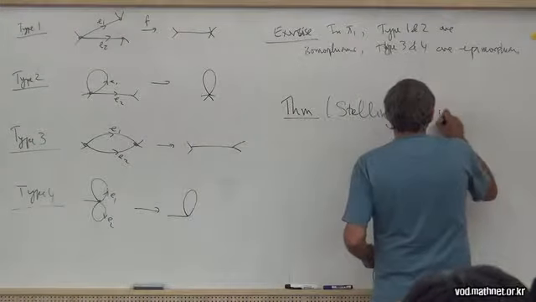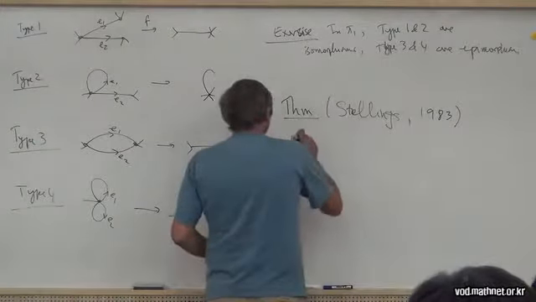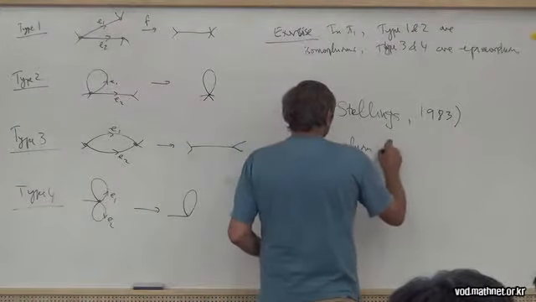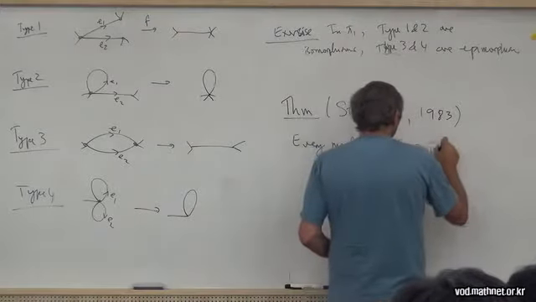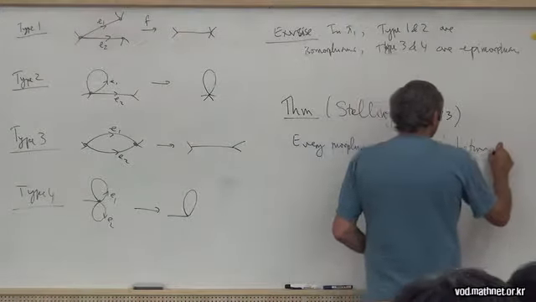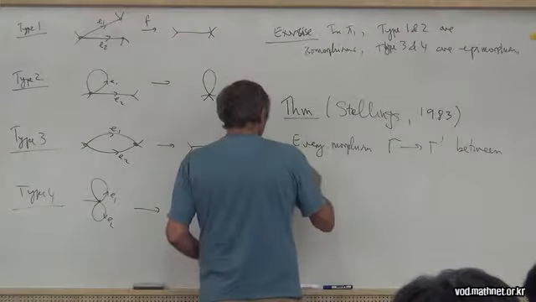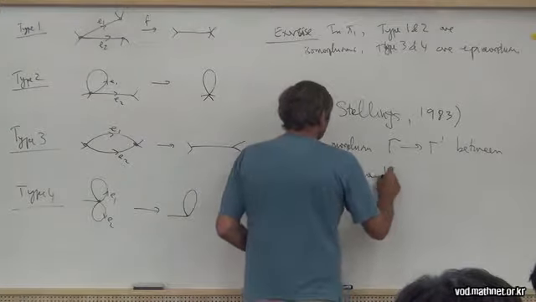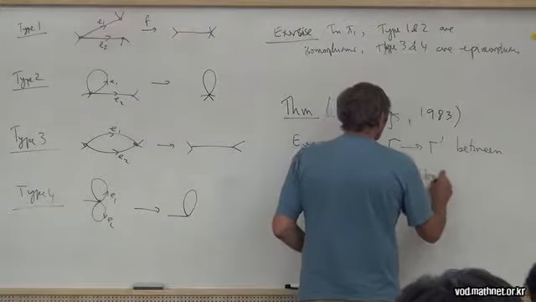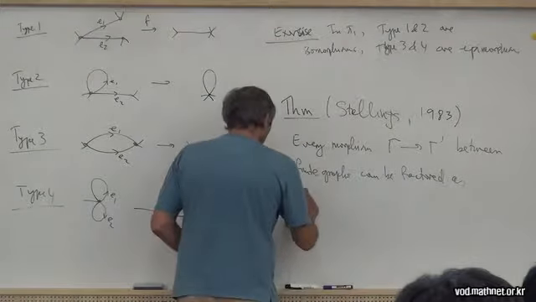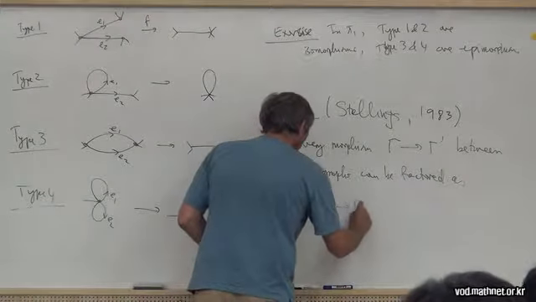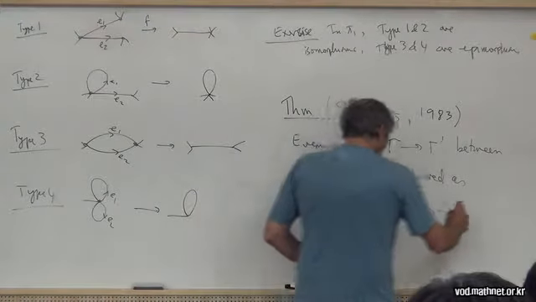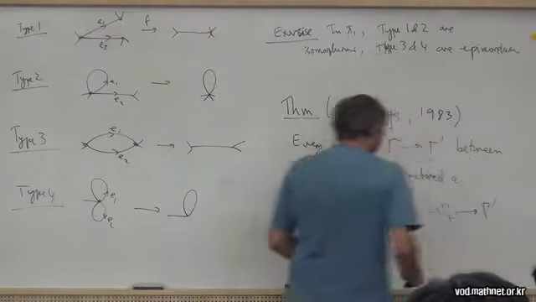So this is 1983. Every morphism, say gamma to gamma prime, between finite graphs can be factored as, so this gamma is maybe gamma 0, and then I go to gamma 1, I go to gamma 2, and so on, and after a while I get to gamma k, and from gamma k I go to gamma prime.